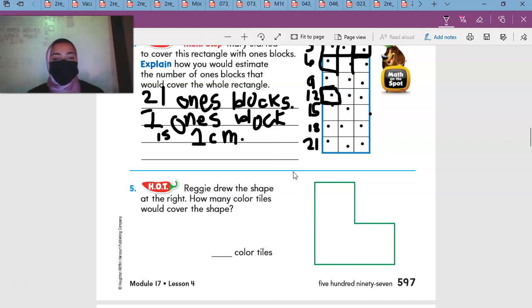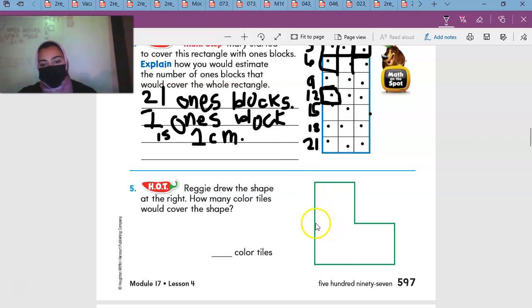All right, number 5 is very easy. You're going to cover the shape up with your square units or the color tiles. Those are the 1-inch ones. And you're going to see how many you'll need to cover up that L-looking 2D shape. So who wants to raise their hand and tell me how many color tiles you will need to cover the shape, Destin? 3.